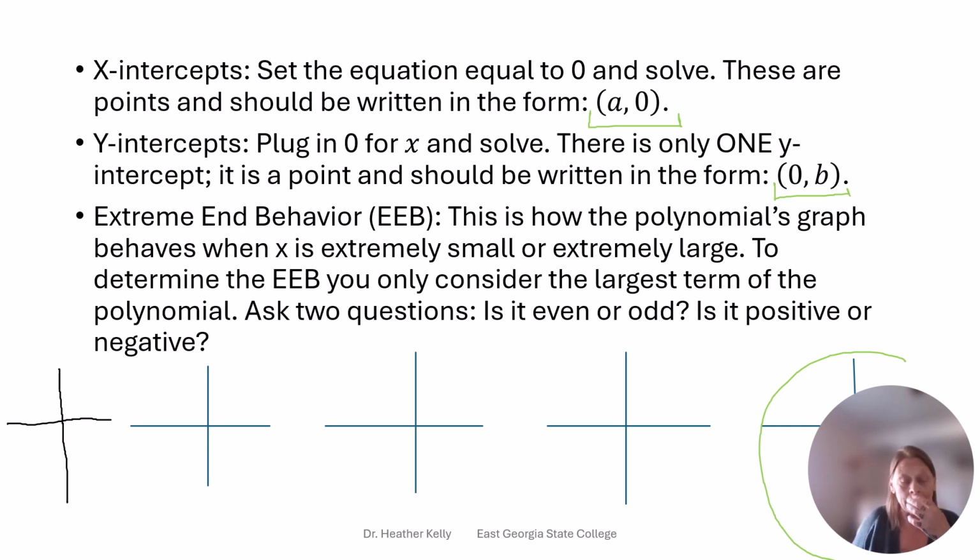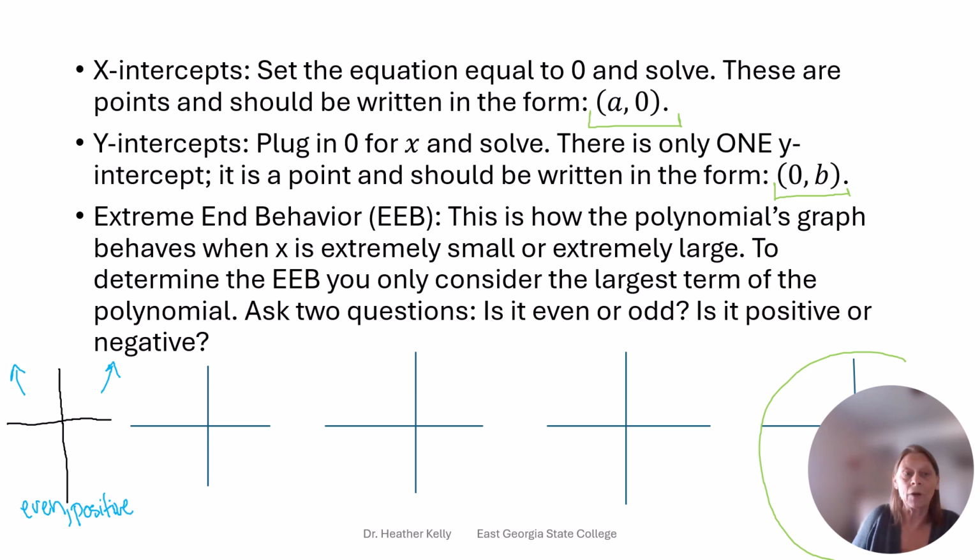Now you see I have 4 Cartesian coordinates here, little graphs, and that's going to indicate to you that there are only 4 possibilities of extreme end behavior. The first one is that both ends point up, and this would be considered even positive.